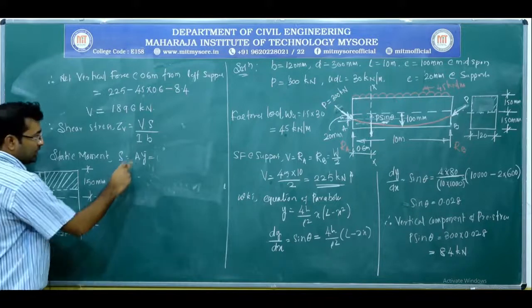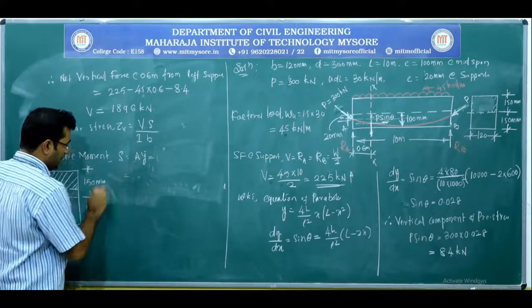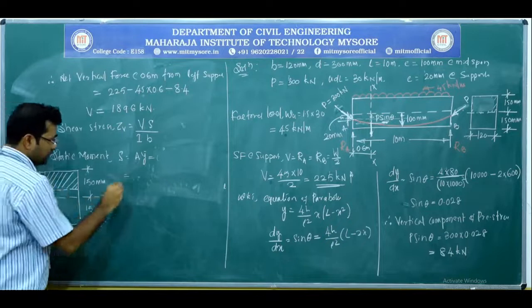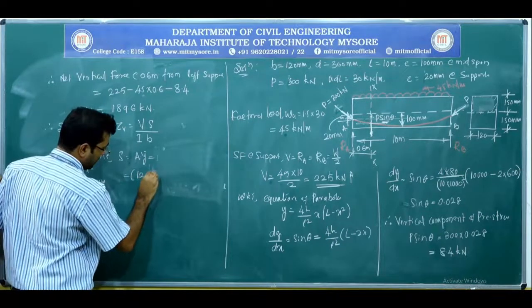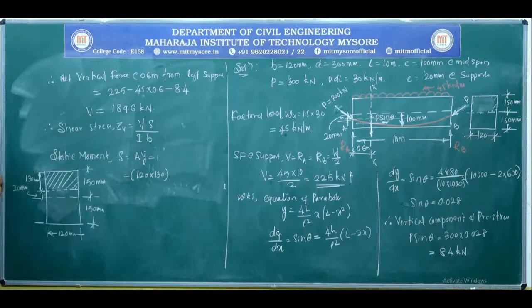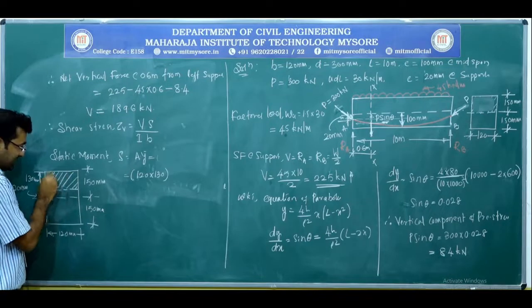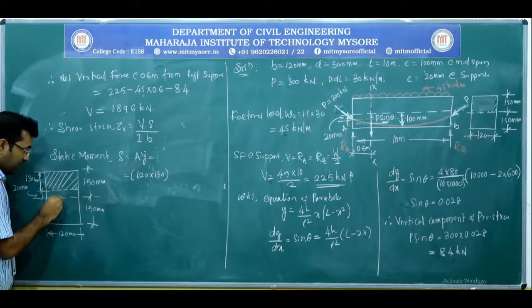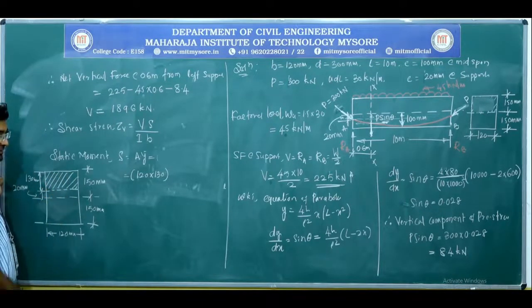Now how much is the area of this shaded portion? It is 120 into 130, right? I want the centroid of this shaded area with respect to the neutral axis.